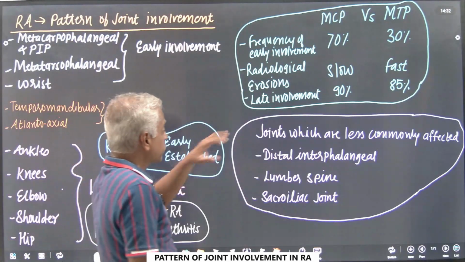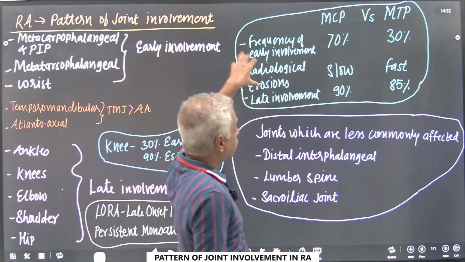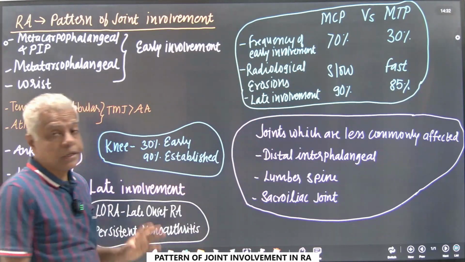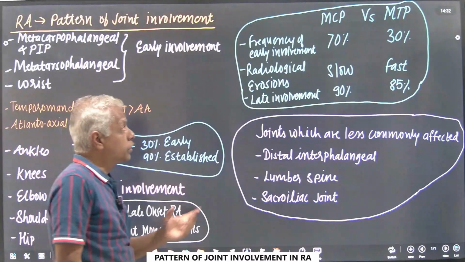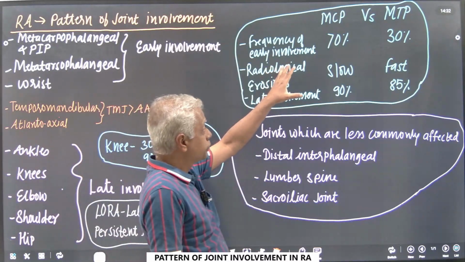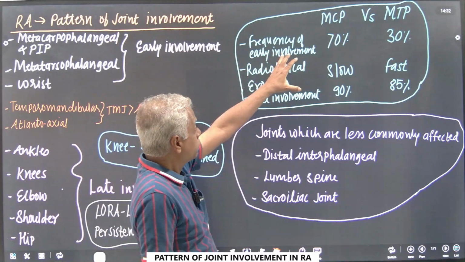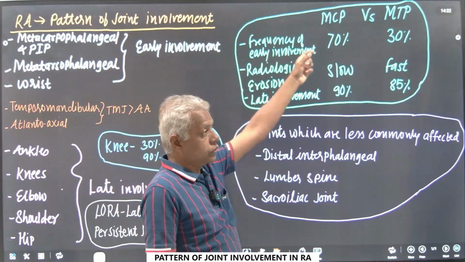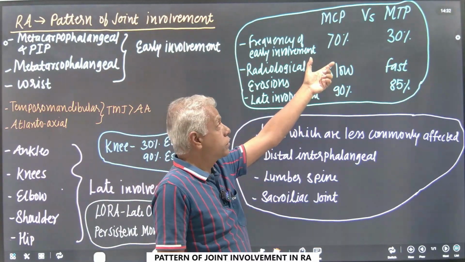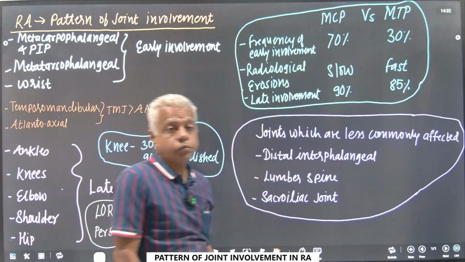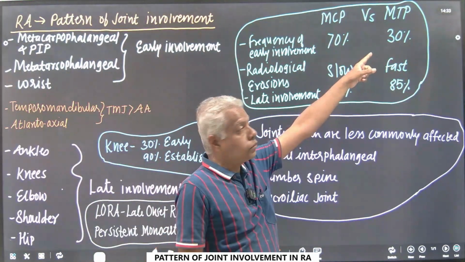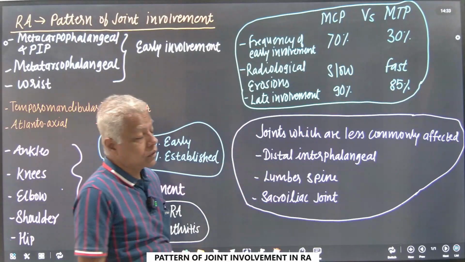Now here in this pocket, if you see, we have tried to compare MCP with the MTP, metacarpophalangeal joint with the metatarsophalangeal joint. As far as frequency of involvement or early stage involvement is concerned, almost 70% of the time the metacarpophalangeal joint is involved as compared to the MTP. MTP, it is 30% there.